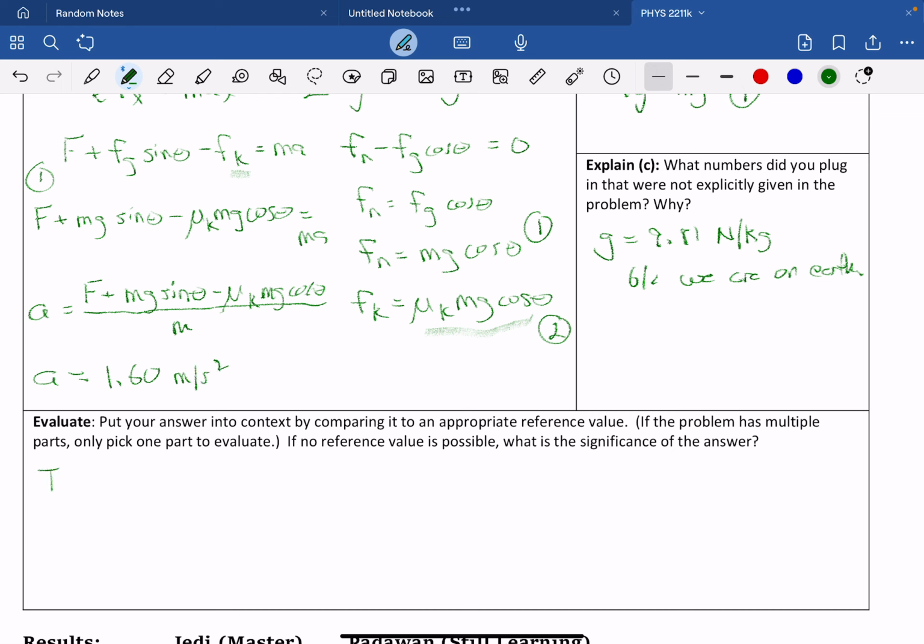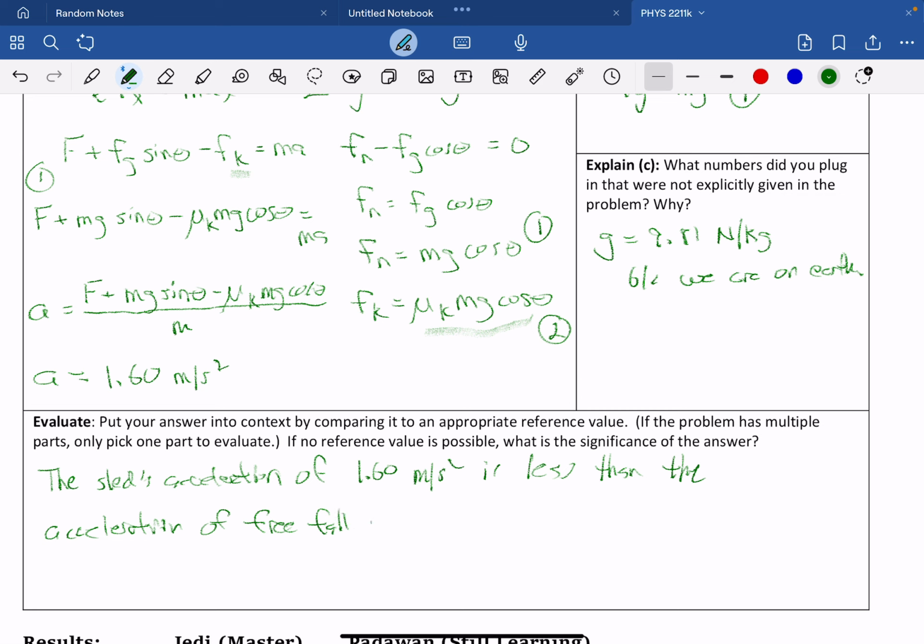So the sled's acceleration of 1.60 meters per second squared is less than the acceleration of free fall on Earth of 9.81 meters per second squared.